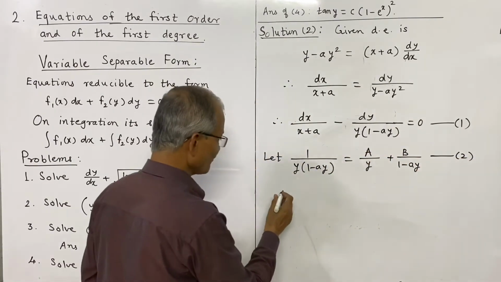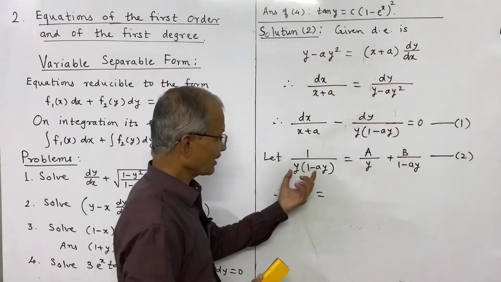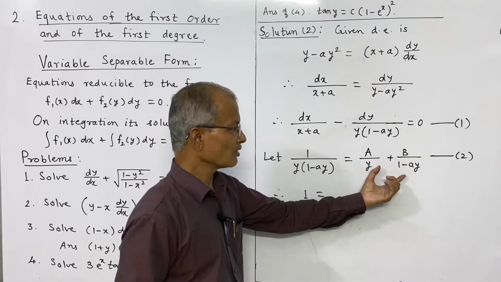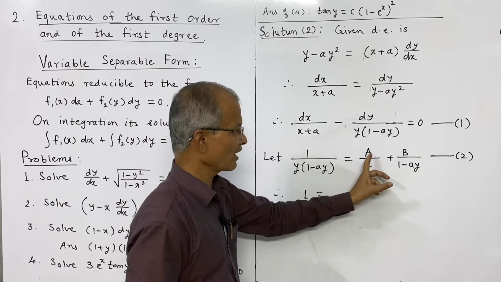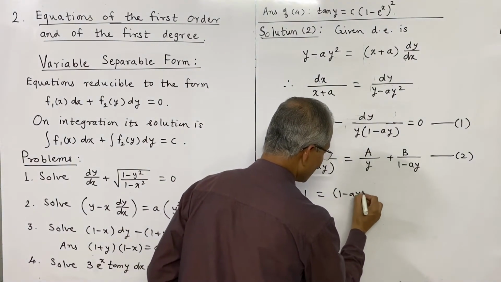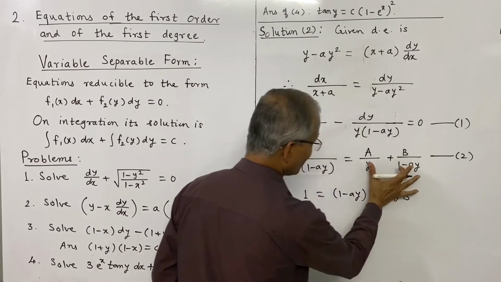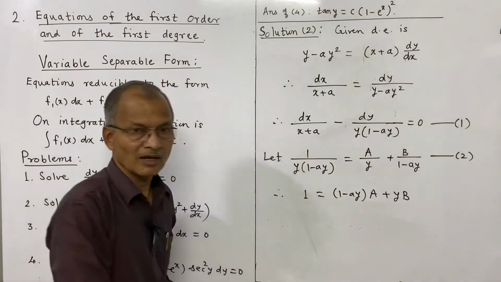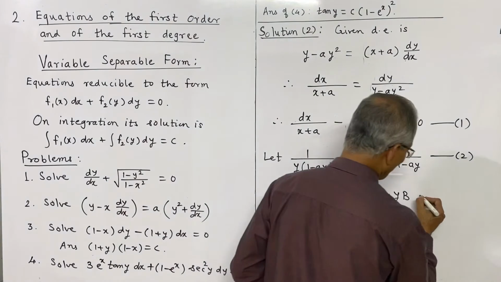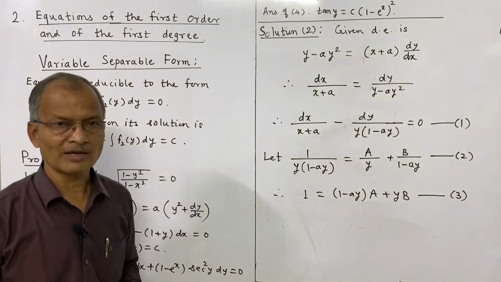From this second we can write the numerator 1, and here taking the LCM as y into 1 minus ay, the product of this, the numerator will be, after cross multiplying, a into 1 minus ay, that is 1 minus ay into a plus y into b, and this will be the numerator, and this is the numerator on the left side. Denominators are equal. So this is the method of partial fractions we know, and we have to find now the values of a and b.